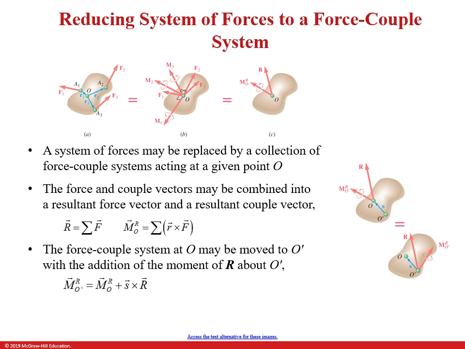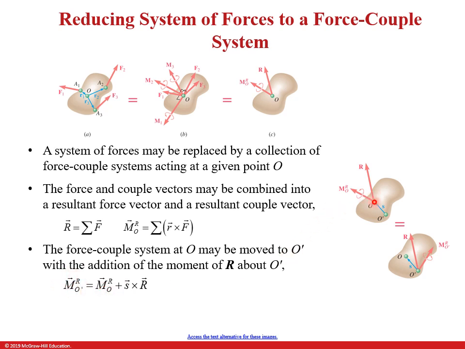And then the force couple system, O, right? You can take that and move it to O prime. And you can define, well, if you add it to the moment of R about O prime, right? You can add it to the original moment, and you can take the new distance, S, to the new point, O prime, and you can find the moment about O prime for this system, right?